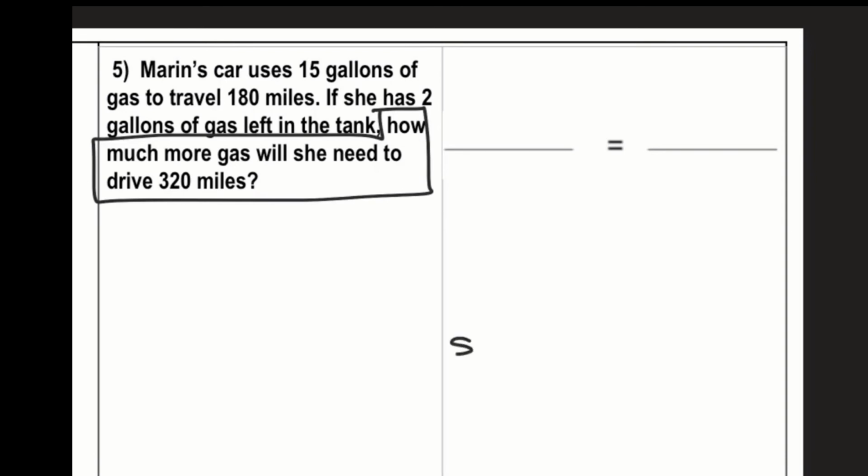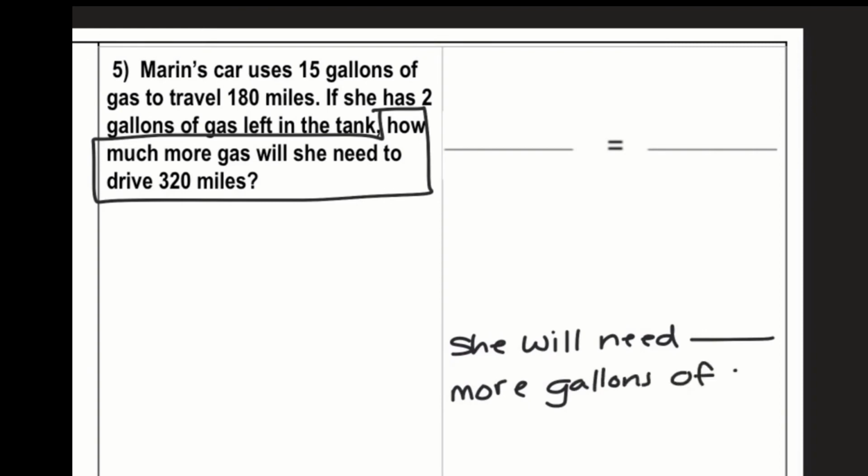So let's answer that. She will need blank more gallons of gas to drive 320 miles.